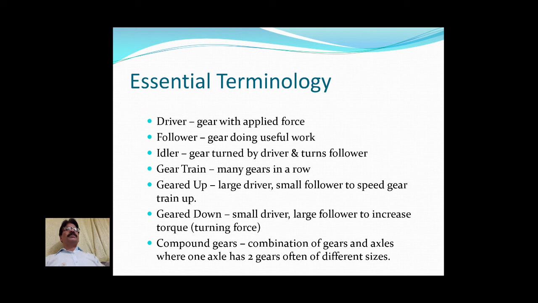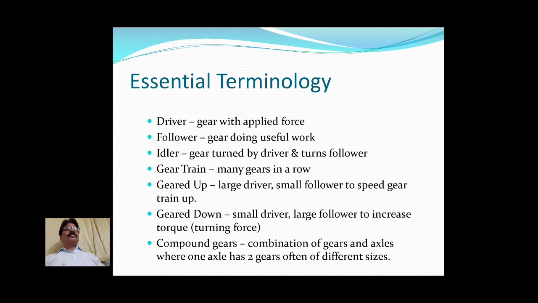So idler is a gear which is in between a driver and a follower. Idlers are used to change clockwise movement to anti-clockwise movement, or the rotations may be changed, or sometimes idlers are used for speeding up the follower speed.